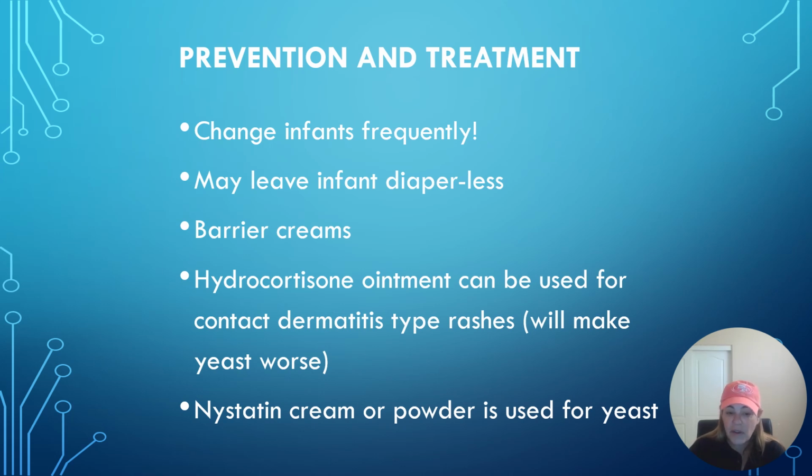If it is a very bad diaper rash, there are times that we will leave the infant diaperless. We'll just put them on chucks and let the air get to that area, and that actually helps to heal. So open to air will help the diaper rash heal, but you have to be aware that they're on a chucks as well, and so you need to change that chucks.